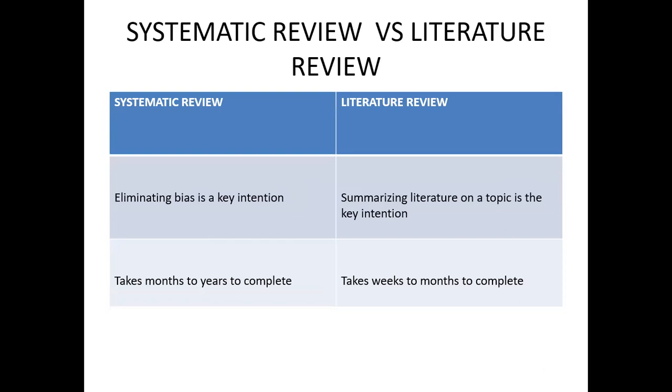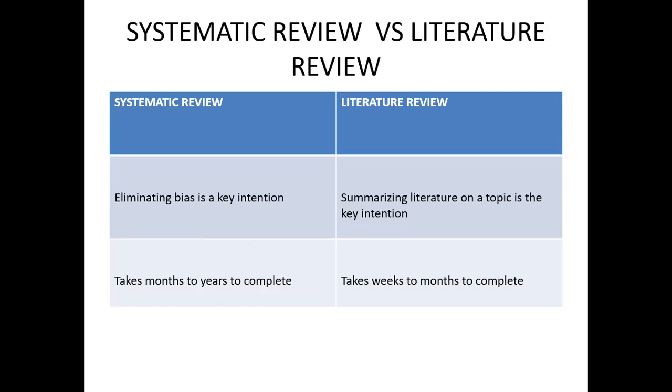So the key intention when doing systematic review is to eliminate the bias. That's why when you are doing systematic review, you aim to include randomized control trials in your review so that you minimize the bias. Literature review, the key intention is just to summarize literature on the topic. That's all.